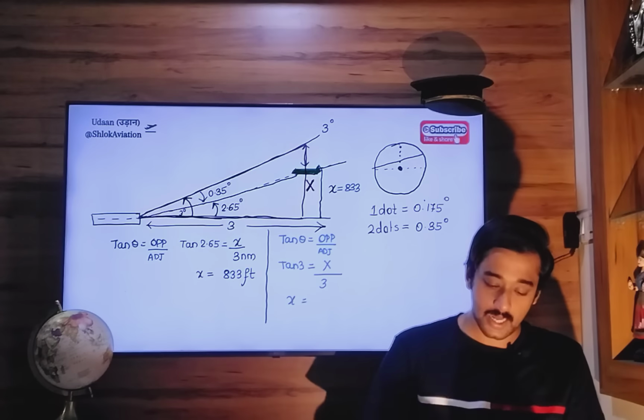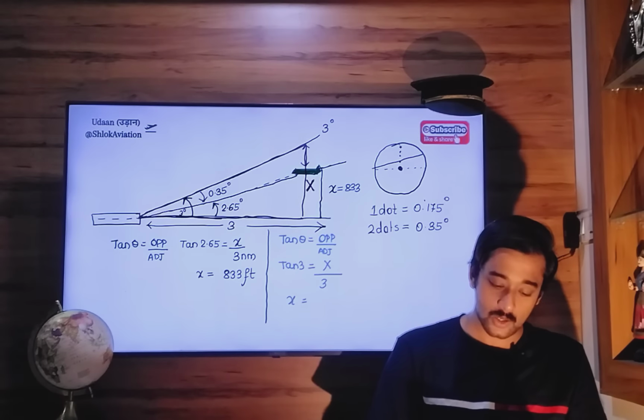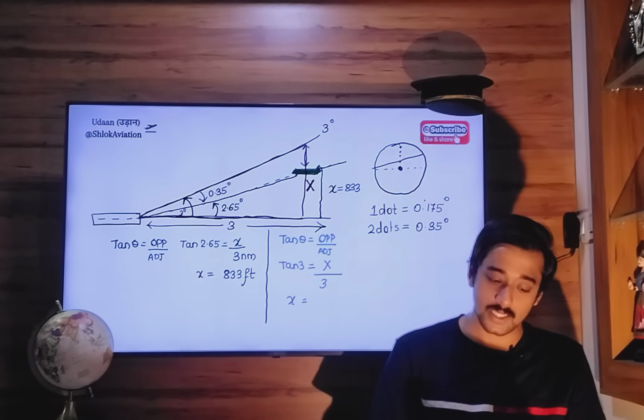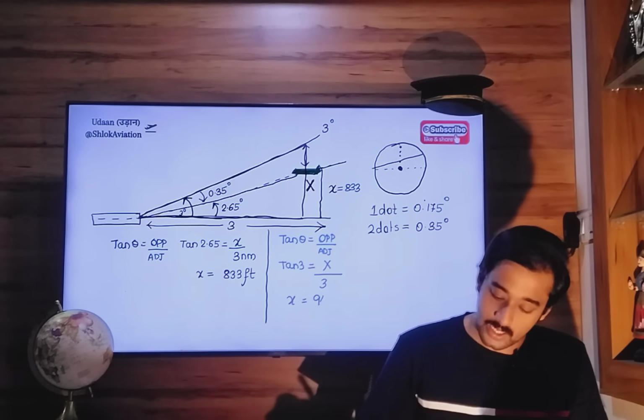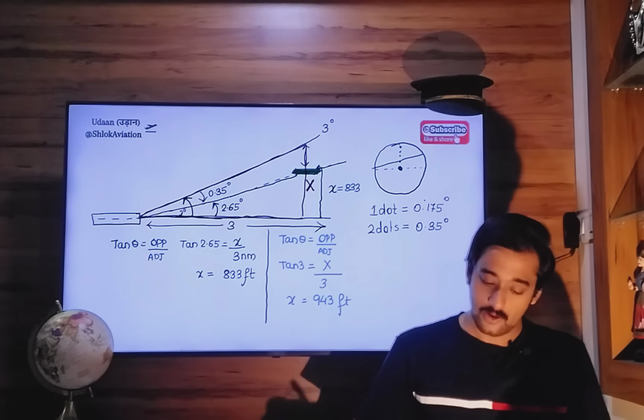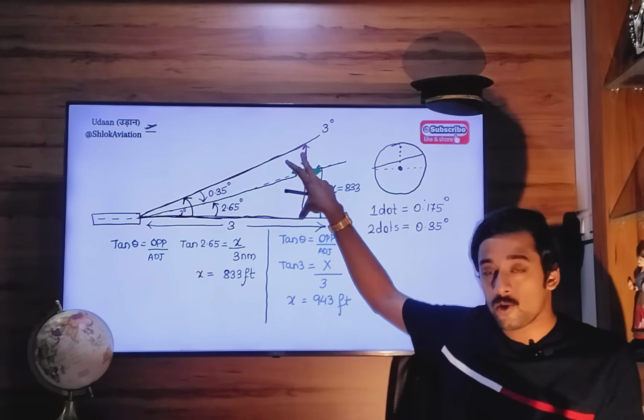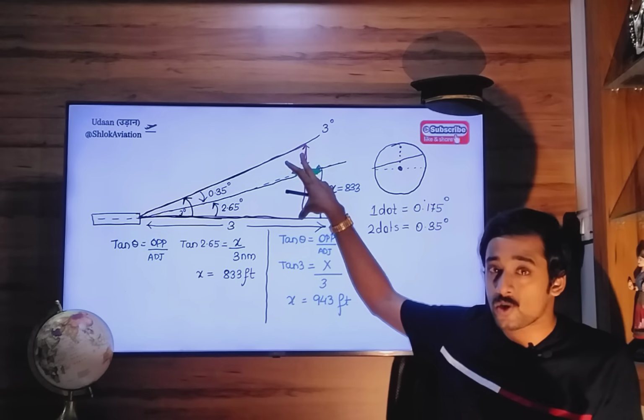So x will be tan 3 into 3, 0.157 nautical mile multiplied by 6,000 feet, 943 feet. So you have this bigger triangle side equal to 943 feet or approximately 940 feet.